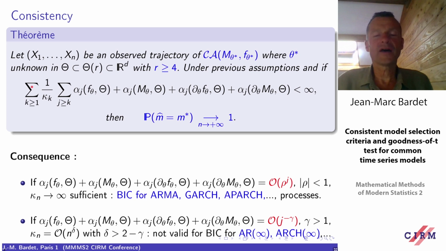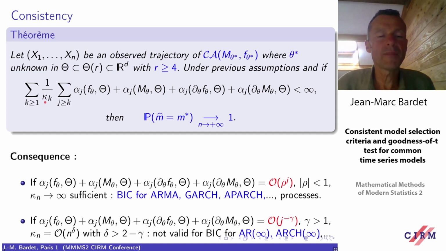Now we add another condition. This condition links the sequence kappa to the decreasing rates of the Lipschitzian coefficients of f_m and the first derivative of f_m.